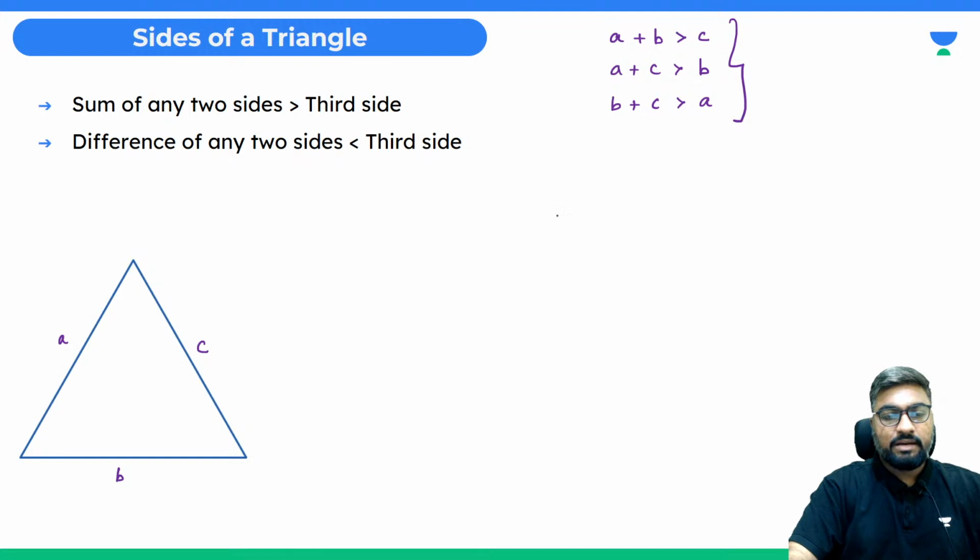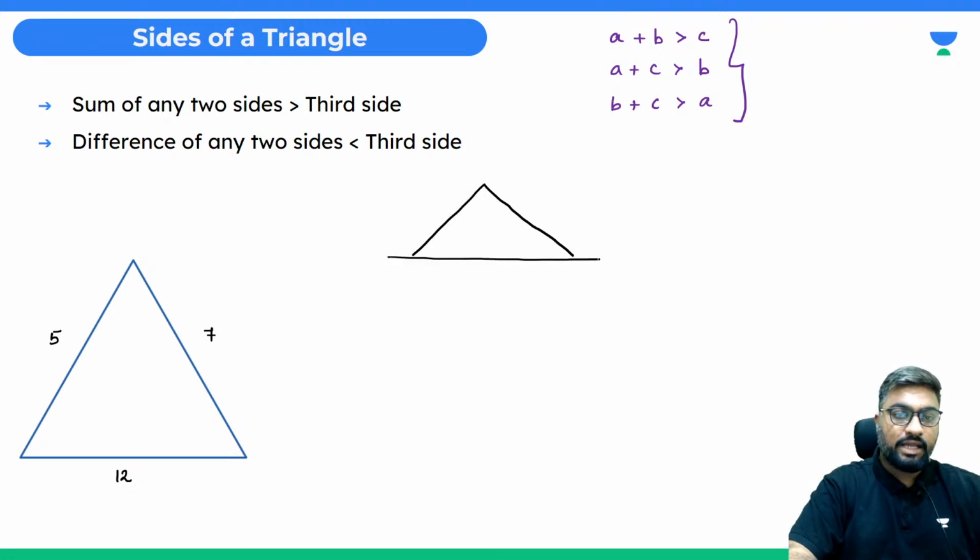For example, let's say the sides of the triangle are 5, 7 and 12. When you have sides 5, 7 and 12, it might look like this: 5, 7 and maybe 12 could go on like this.